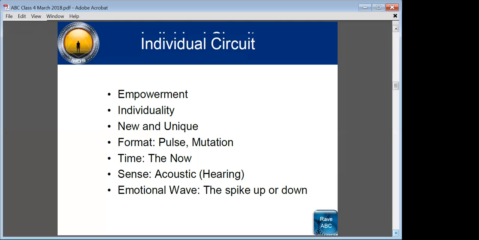There's also a sense, if you think about our senses as humans, and the sense that is in resonant vibration with this individual circuit is acoustical. It's hearing oriented. That's why when I meet people or I see their design and it's got a lot of individual circuitry, I know that sound is really important to them.